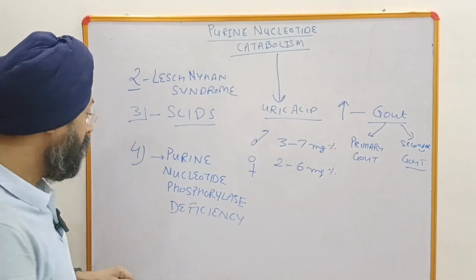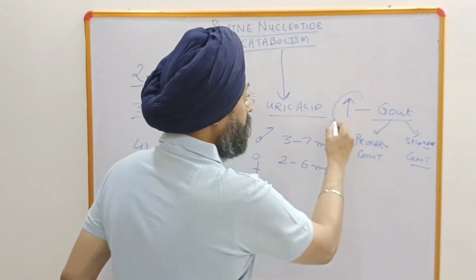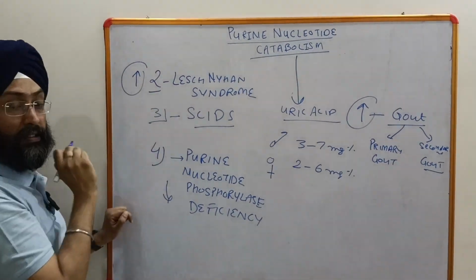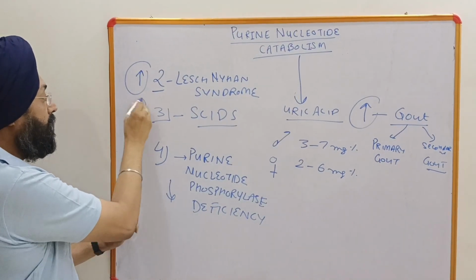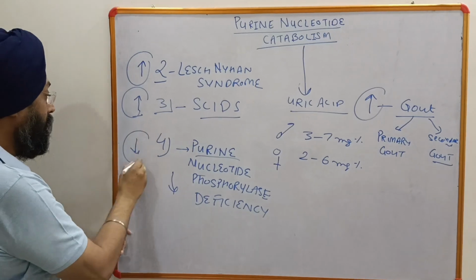In this disorder, the levels of uric acid are decreased. In the earlier three disorders, first is gout, the levels are increased. In Lesch-Nyhan syndrome, the levels are increased. In SCID, the levels are increased, but in purine nucleotide phosphorylase deficiency, the levels are decreased.